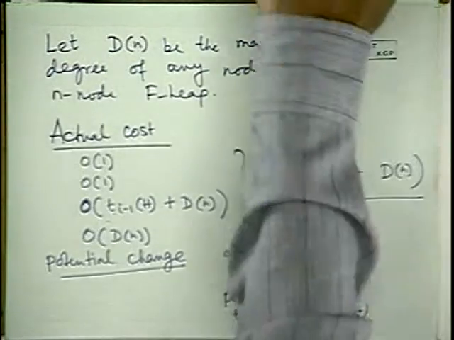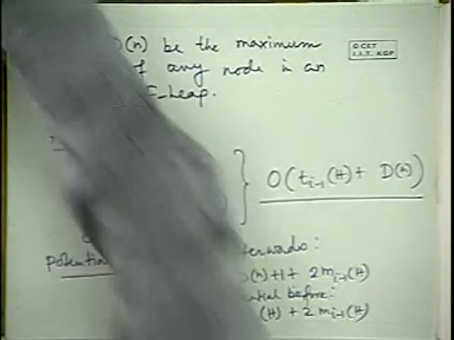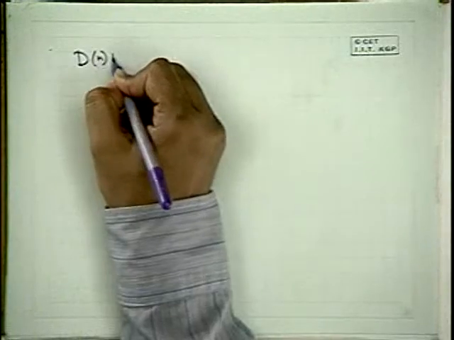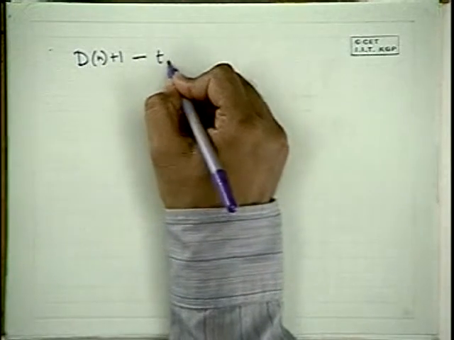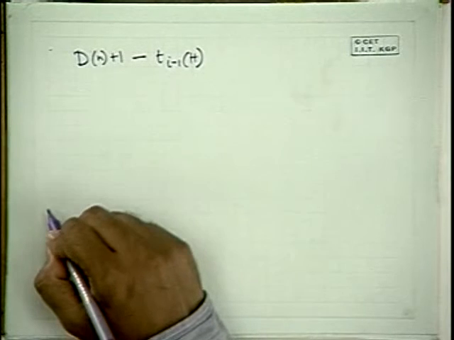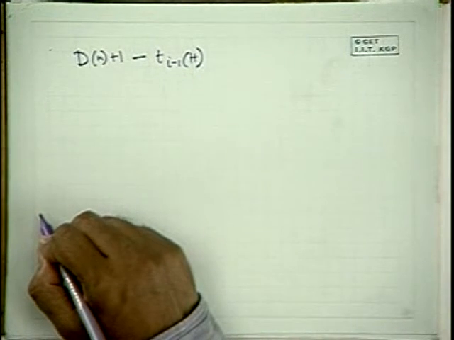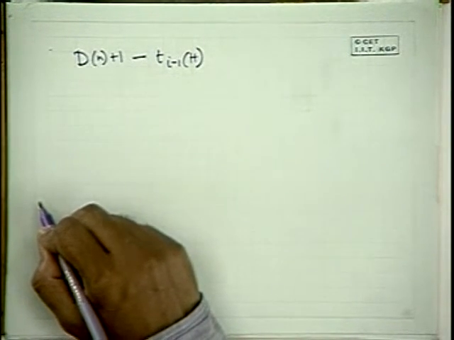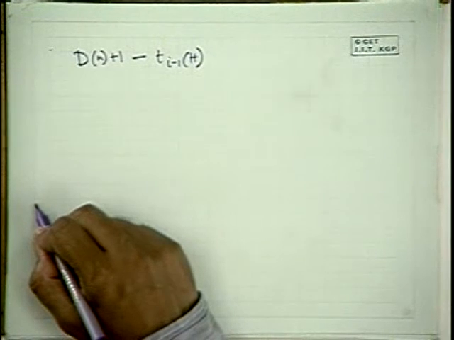So what is the change? The potential change is dn plus 1 minus Ti minus 1 of h. It cannot be more than that. This is the at most.